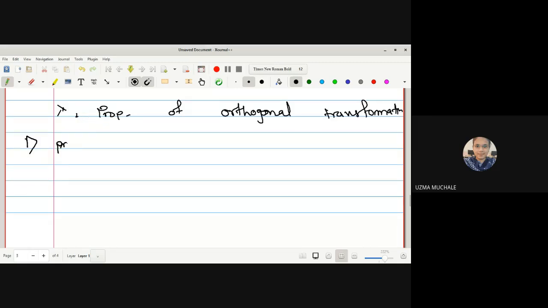First is the product of two orthogonal transformations is again a linear orthogonal transformation.